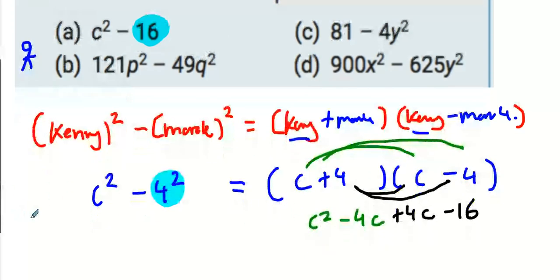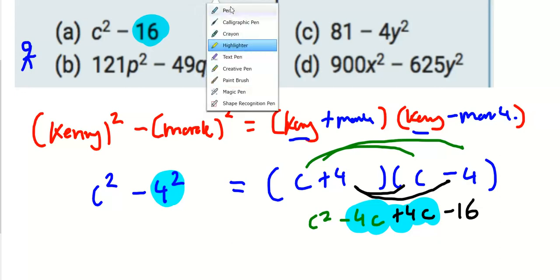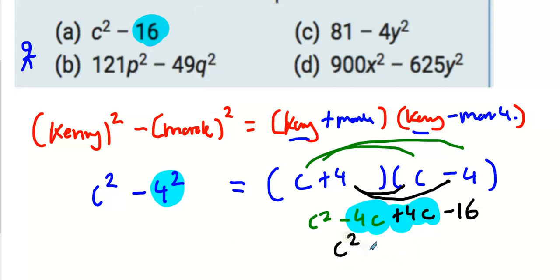Now here's the middle part. What's minus 4C plus 4C? What's this part here? Nothing. And it turns back into the original, doesn't it? C squared minus 16. Does everybody get that?